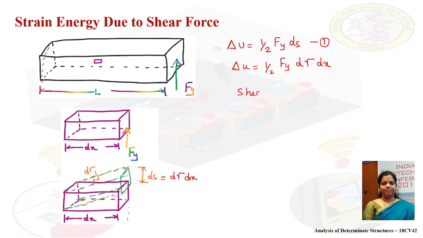We know that shear stress is equal to G into d gamma, where G is the shear modulus, and shear stress is given by force over area. Here we need to consider this area because this area is experiencing the shear force.